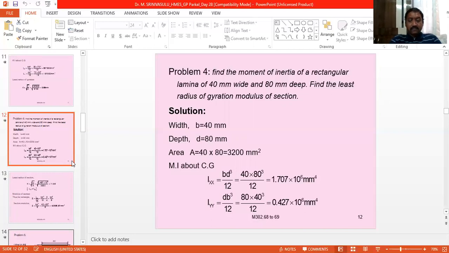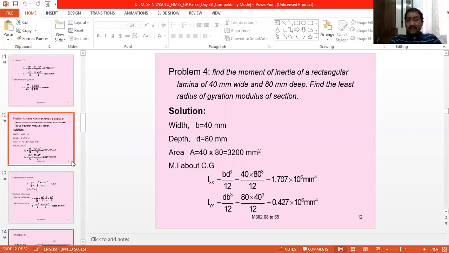Now coming to the moment of inertia about the central axis parallel to the x-axis, Ixx is equal to BD cube by 12. Here B is equal to 40, D is equal to 80, so 40 into 80 cube by 12 is equal to 1.707 into 10 power 6 mm4.